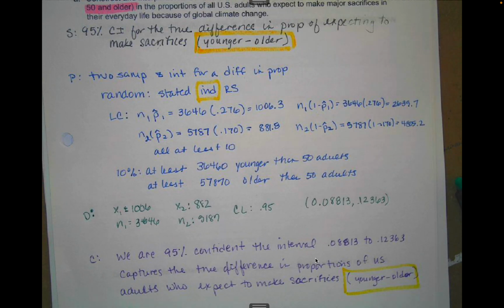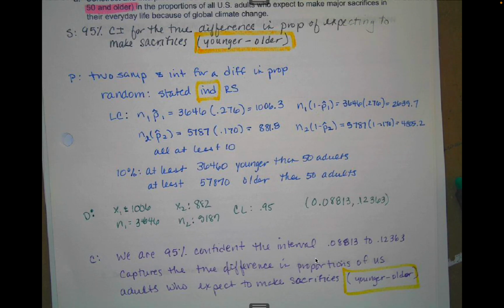This particular problem told us the direction, they told us they wanted us to do younger minus older, so if a problem doesn't tell you that, you want to make sure you're telling the reader which way you did the subtraction. So you can talk about it in step 1, you can talk about it in step 4, okay?